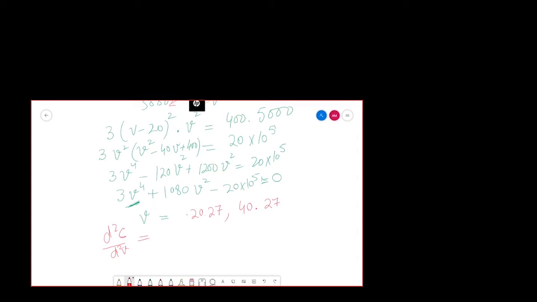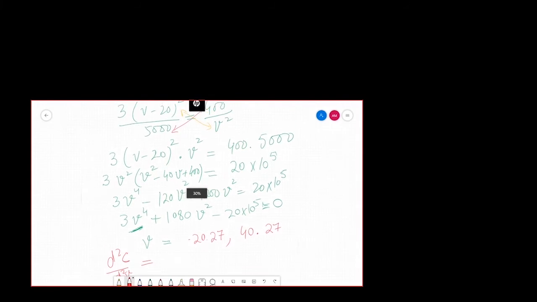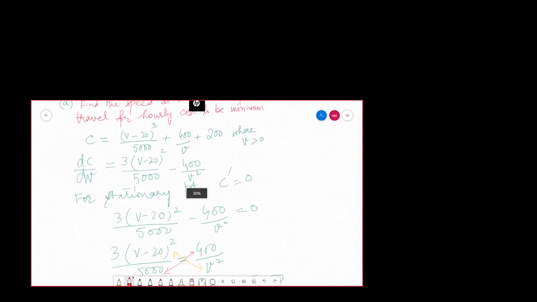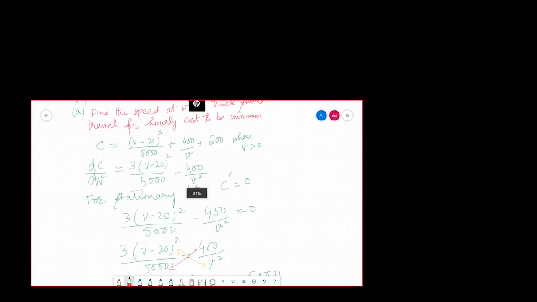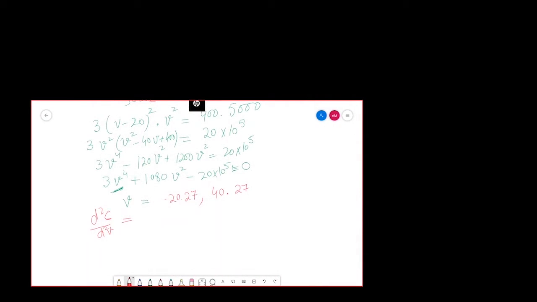We had already differentiated once, so we had found it to be equal to this thing. This was our equation for first. So you have to do it again, and once you do that, instead of doing it again, I just do it quickly.